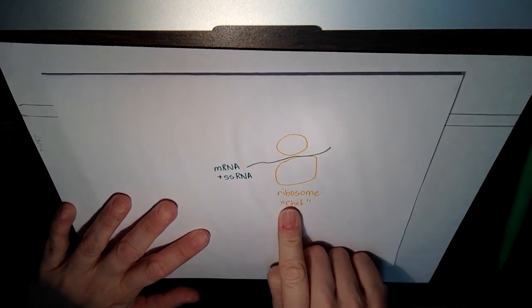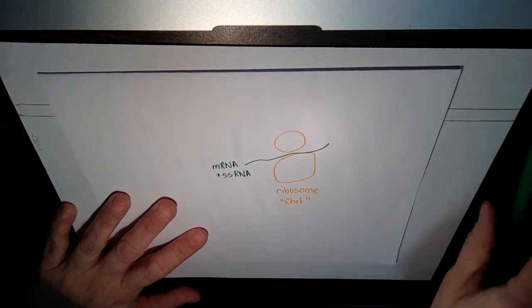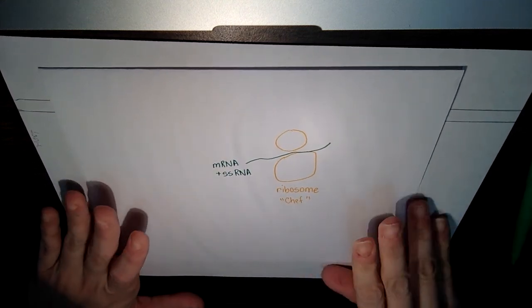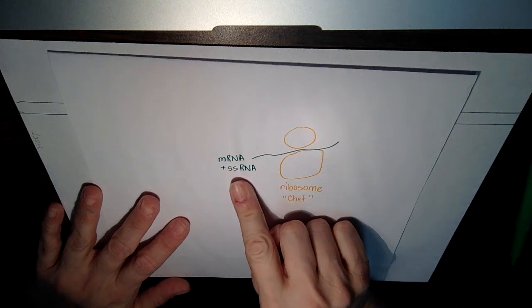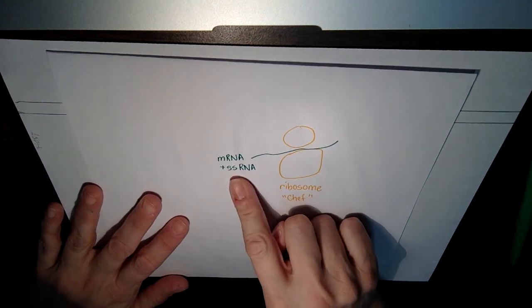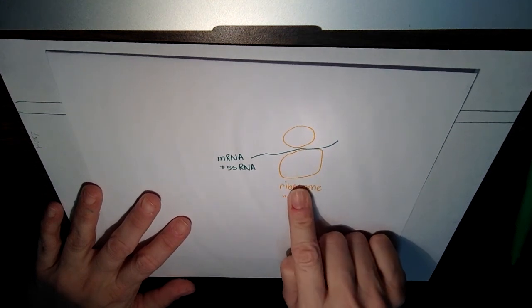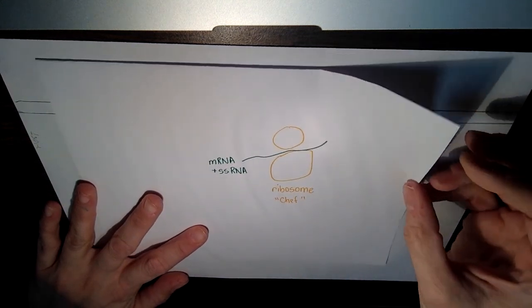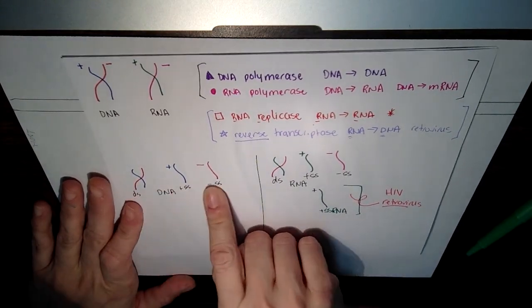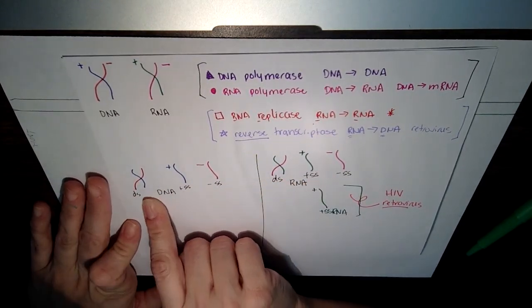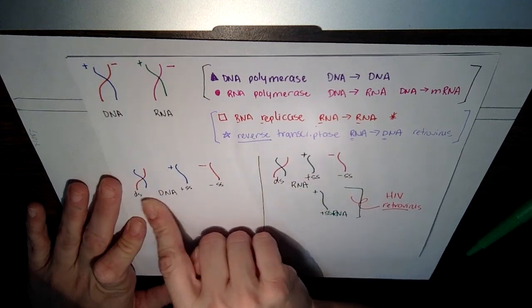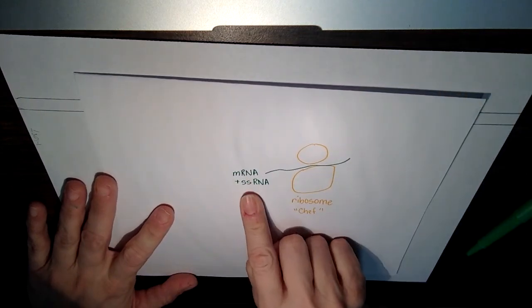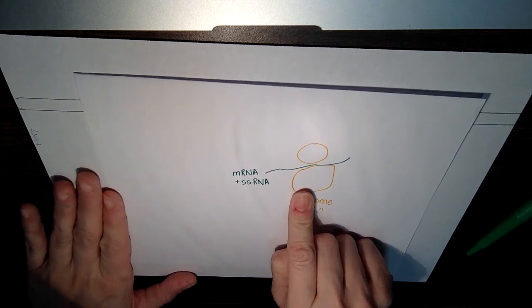So the ribosome comes from the host, this comes from the virus, and it has to be in this language, otherwise the host ribosome cannot read this. So if the virus is in any of these other languages, it needs to be converted into this language first before the ribosome can read it.